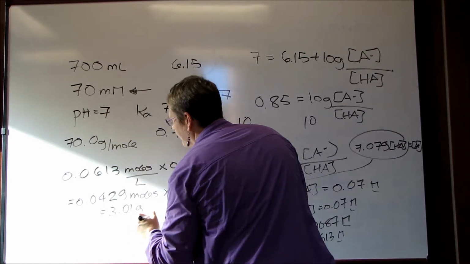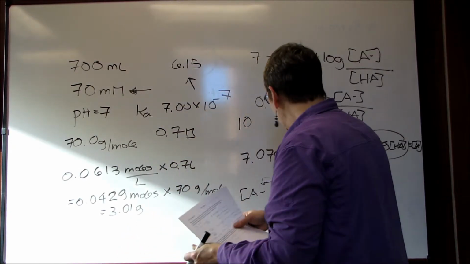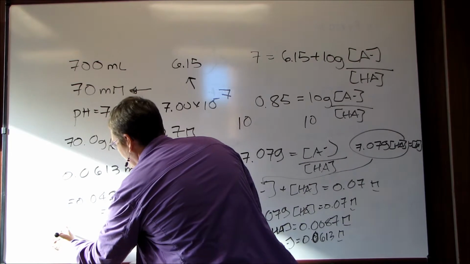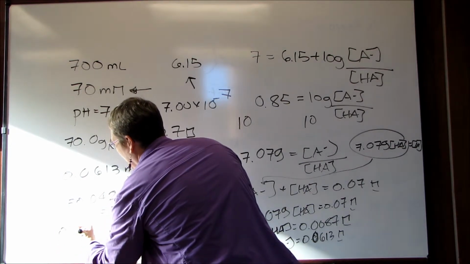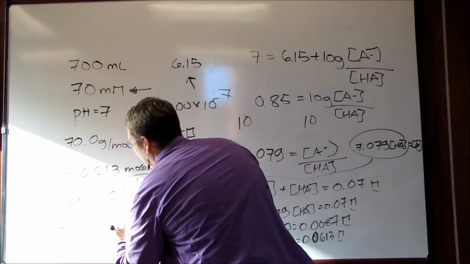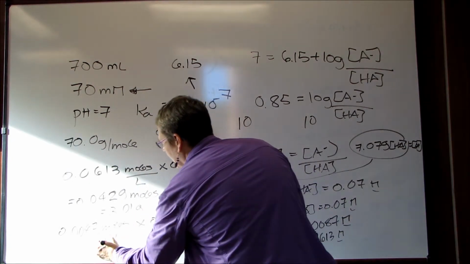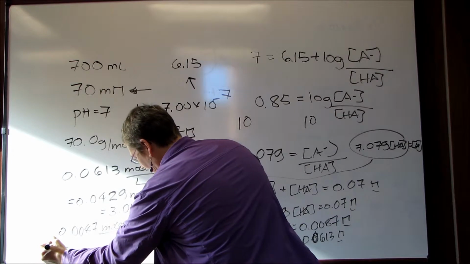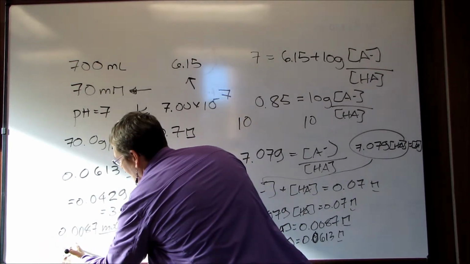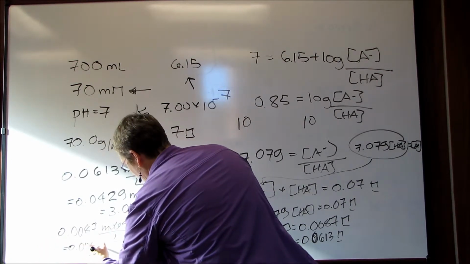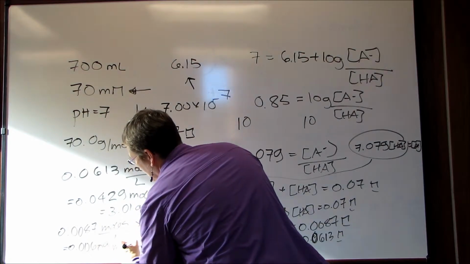That gives us a value of 3.01 grams. Now, for the acid, we have to figure out how many moles, so it's 0.0087 moles per liter times the volume of buffer that we're making. This gives us a number of moles, which is 0.00609 moles.